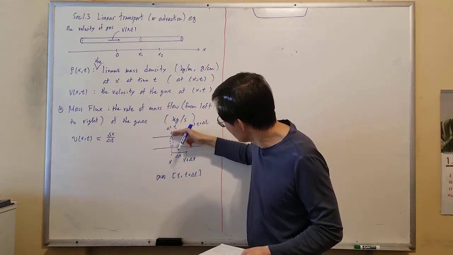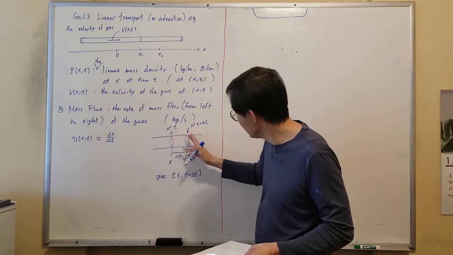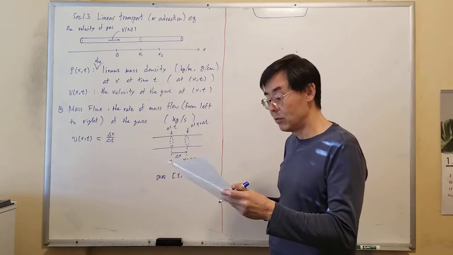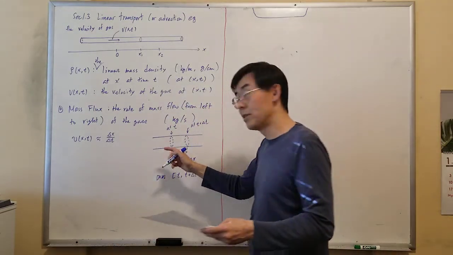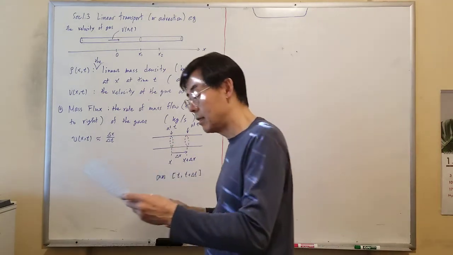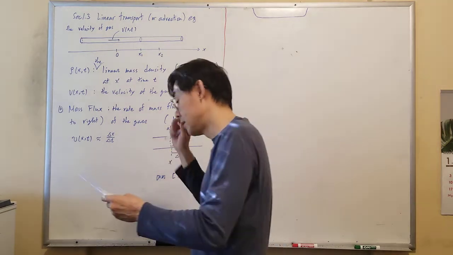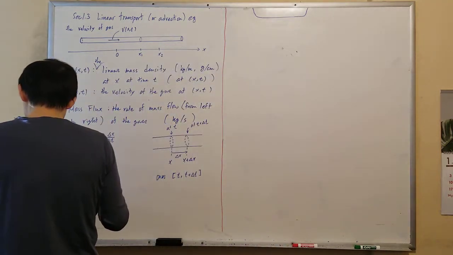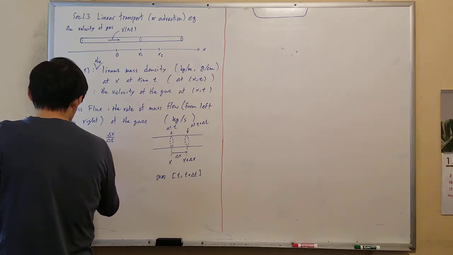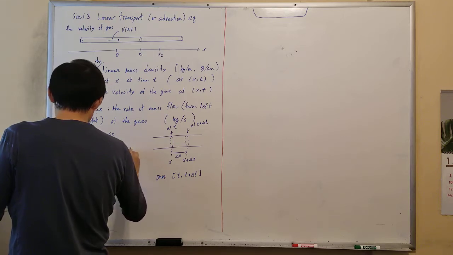A mass which was over here at time t will be moving to this position, delta x further. Here we are assuming that your velocity is positive, meaning from left to right. If velocity is negative, then this will be located over here. So your delta x will be approximately velocity of x,t times delta t.